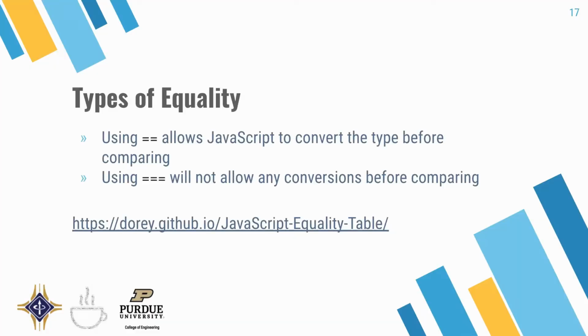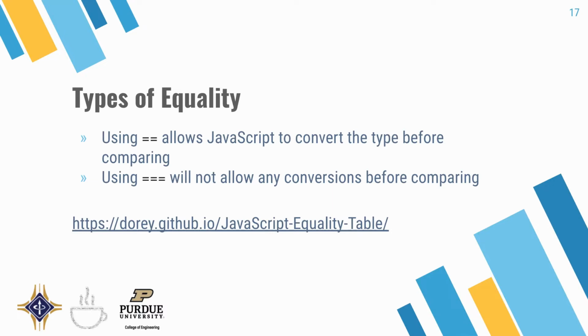Okay, so I mentioned this earlier, but just going back to it for the types of equality: the double equals allows JavaScript to convert beforehand. As I already mentioned, if you have the word four in quotation marks equal to 4, it'll convert to a number and say they're equal. Whereas if you have the triple equals, it will not allow any conversions. So if it's not literally the same, it will say that it is false.